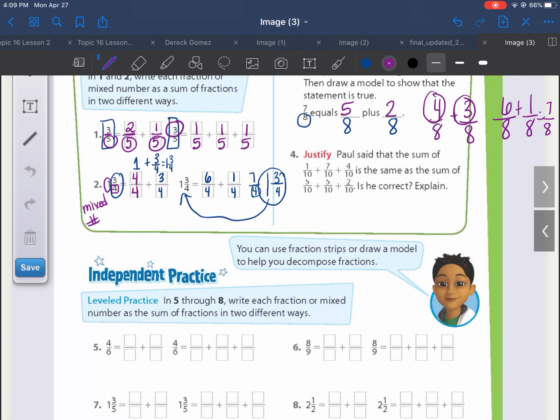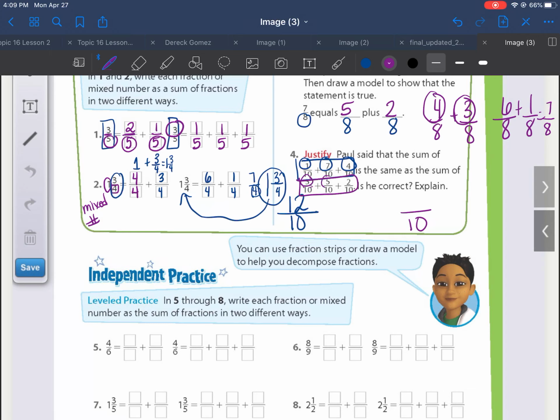Number 4, Paul said that the sum of 1/10 plus 7/10 plus 4/10 is the same as the sum of 5/10 plus 5/10 plus 2/10. Is he correct? Explain. So the very first thing we're going to do is add all 3 together, so the denominator is going to stay the same. 1 plus 7 is 8, plus 4 is 12.